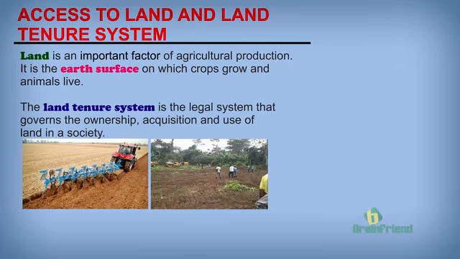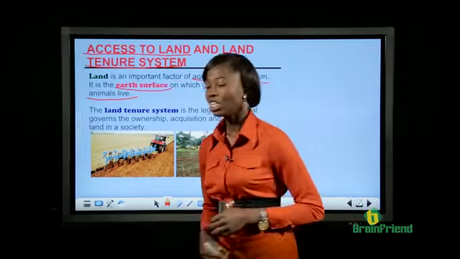The first problem encountered in the agricultural sector is the problem of gaining access to land and land tenure system. Land is a very important factor in agricultural production. It is very important because it is the earth's surface on which crops grow and animals live.